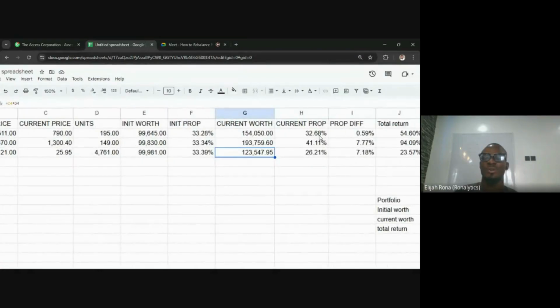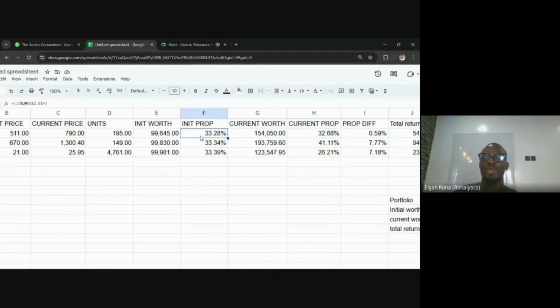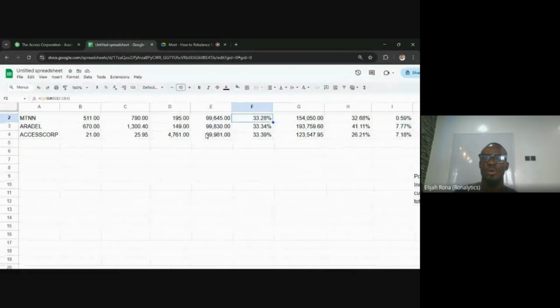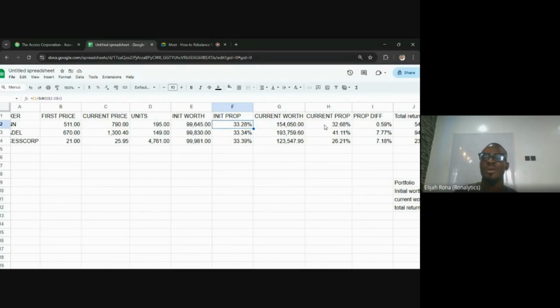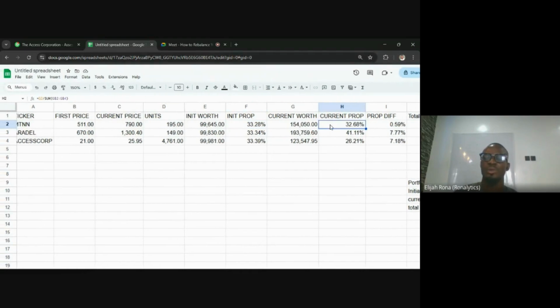But guess what? You can see it here. From 33.3%, MTN is now around 32%, still close. For Aradel, from 33.34%, it became 41.11%. Then for Access Corporation, from 33.4%, it is now 26%.